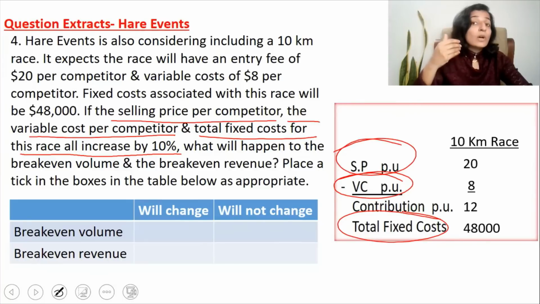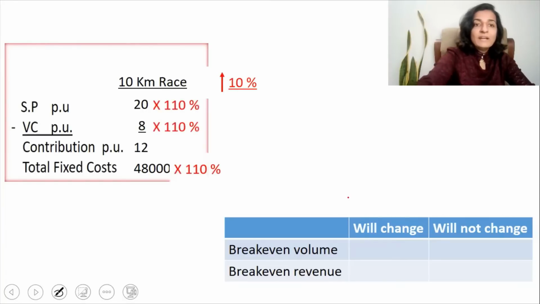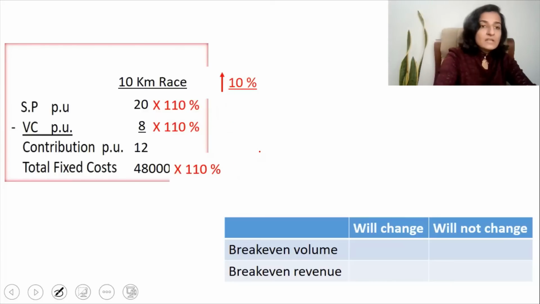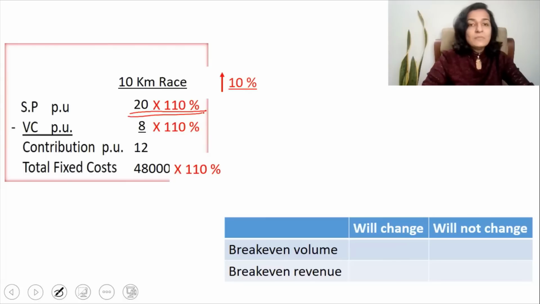So first, let's find out what is the figure if there is a 10% increase in these three items. So we have to multiply by 110%. Why 110%? Because it is mentioned in the question that there is a 10% increase. So selling price, if it increases by 10%, it's 20 into 110%, which gives an amount of $22.